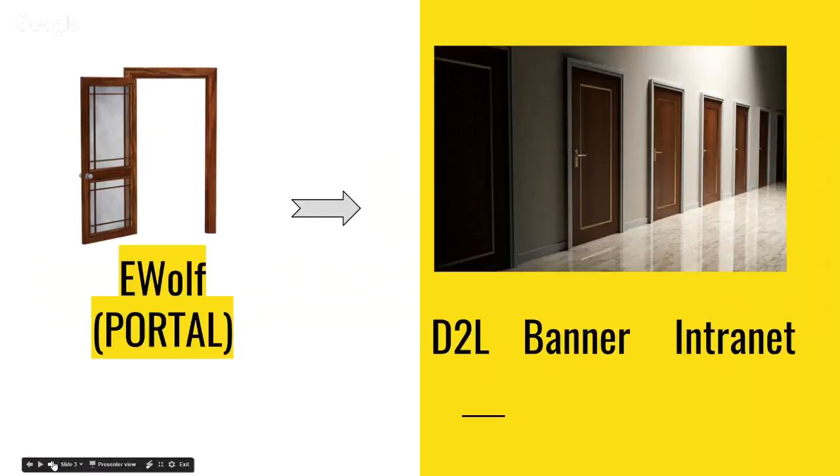Just to give a couple little visuals here, when it comes to the information management systems that we use at Front Range Community College, think of eWolf like a portal. This is how you get into other things.